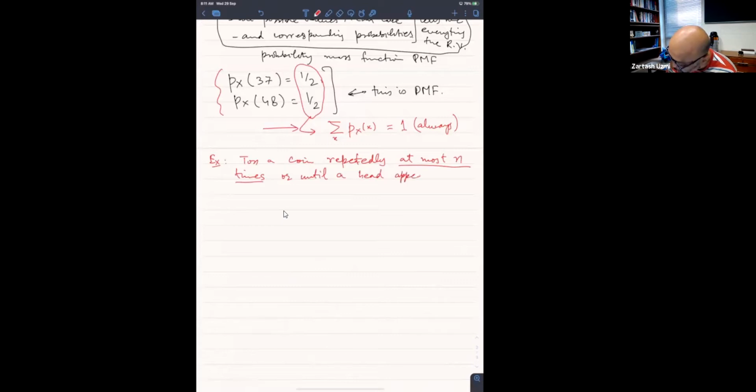So आपने coin toss करना शुरू किया, n was 30, ठीक है। So if you saw the head on the first toss, you will just stop there. If you saw the tail and then saw the head on the second toss, then you will stop there. अगर आपकी 30 tails आ गई हैं, then you will stop there. अगर कुछ head मिला ही नहीं है, 30 tails आ गई हैं, you will stop there.